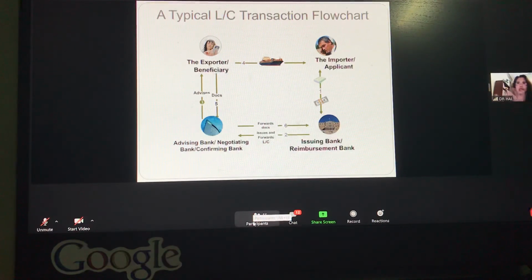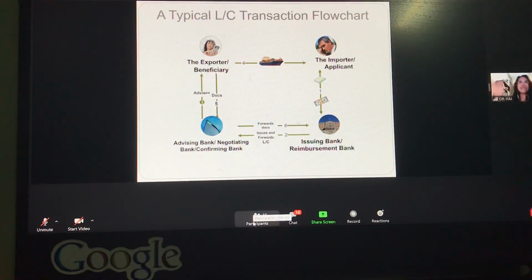Besides the definition of the nominated bank that some of you explained before, it is easy to see the nominated bank. But when the nominated bank has negotiated, the nominated bank becomes the negotiating bank.